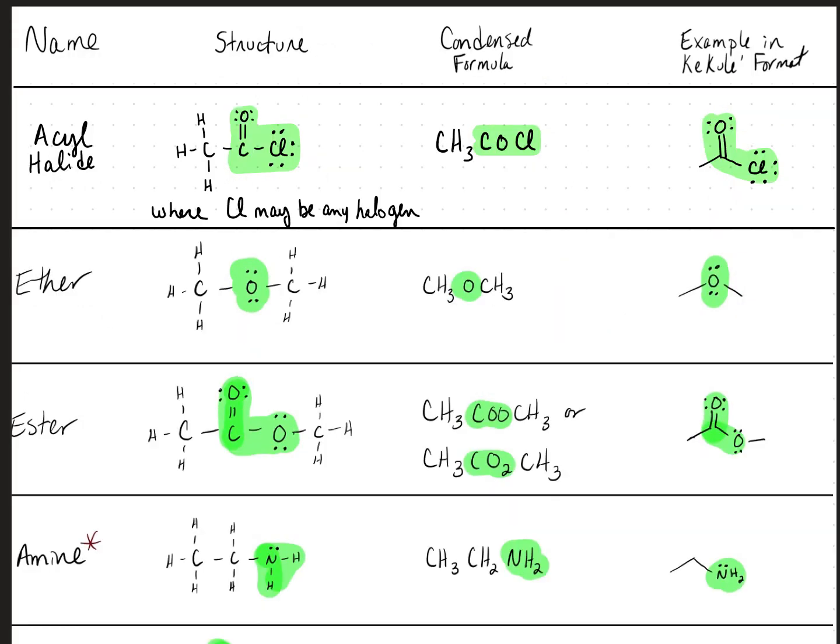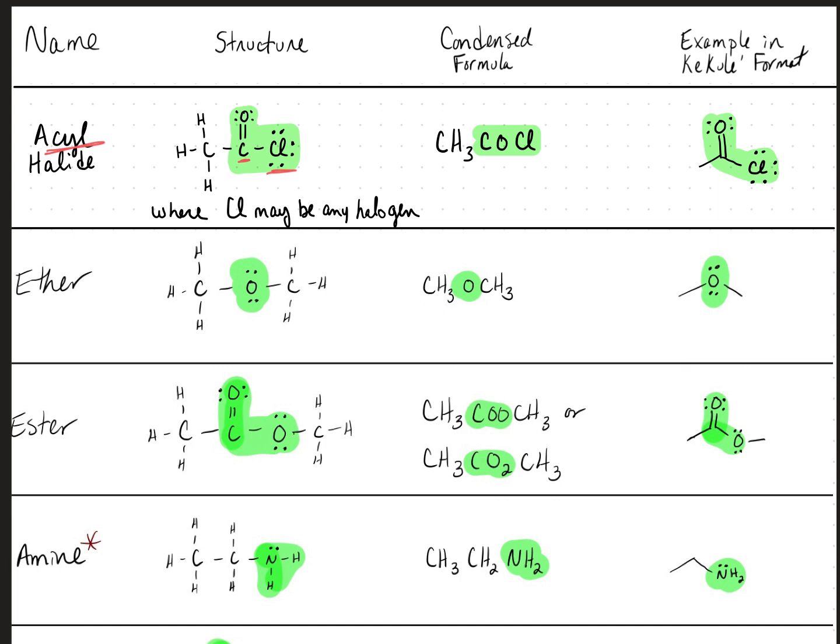Okay, unlike alkyl halides, there's actually something called an acyl halide as well. And they sound and look a lot alike, so be aware that this is an acyl halide. Here we have a C that is connected to a double bond oxygen and a halogen. So both of them have a lot going on the end.